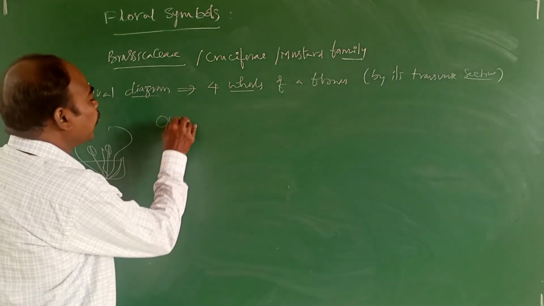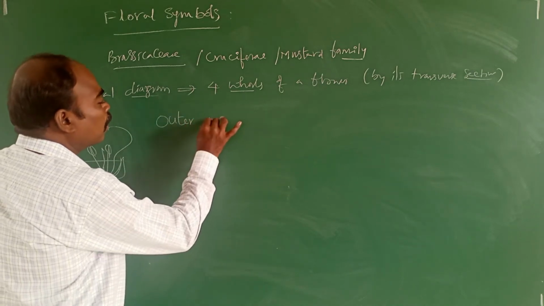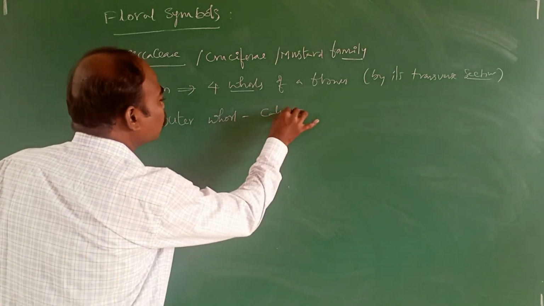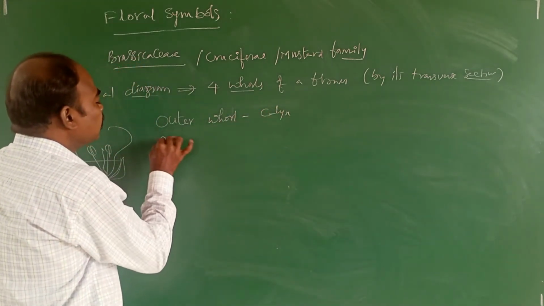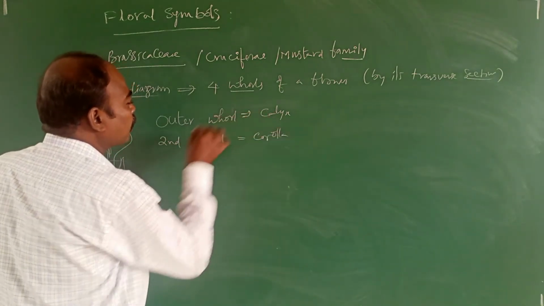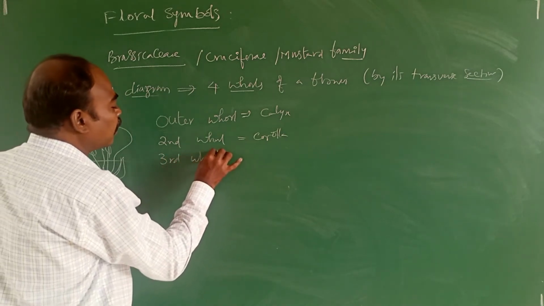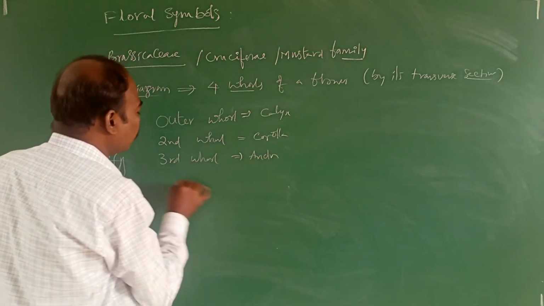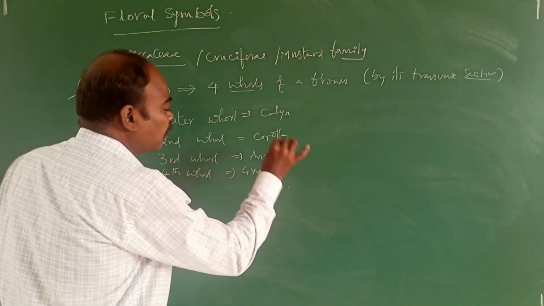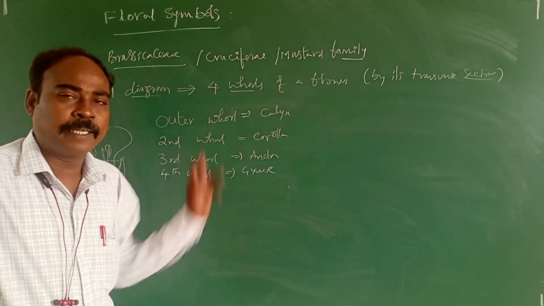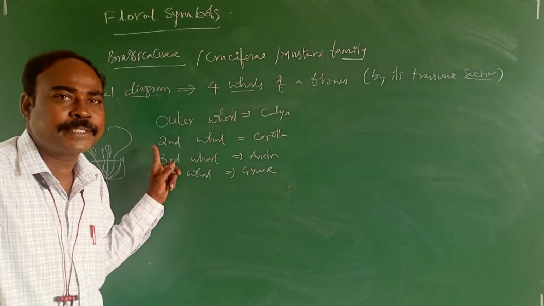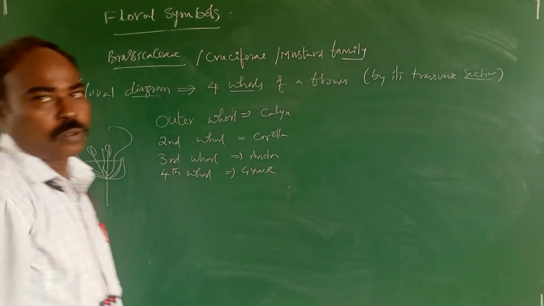The outer whorl indicates calyx. Second whorl indicates corolla. Third whorl represents androecium. Fourth whorl represents gynoecium. So the outermost whorl indicates the leaves, that is calyx leaves, sepals, whose arrangement and their estivation also.